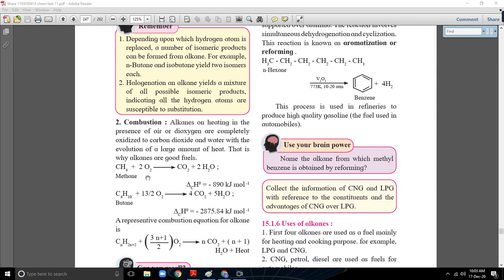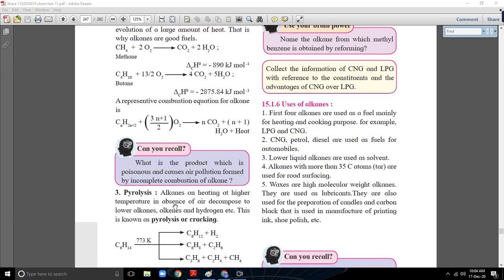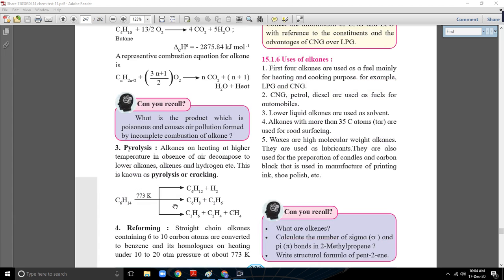Combustion reaction: alkanes on heating in presence of air or dioxygen are completely oxidized into CO2 and H2O. This is an oxidation reaction, and this is the combustion reaction. Now pyrolysis.